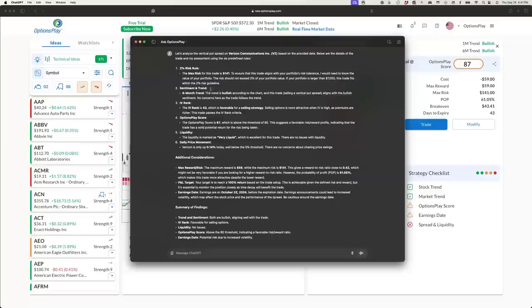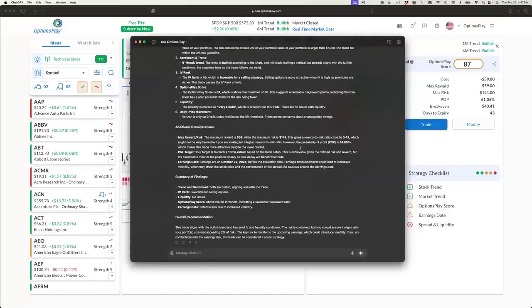Sentiment and trade, it'll look at the sentiment of the chart to give you a sense for if you're generally aligning with the sentiment of the trade. It'll look at IV rank, whether or not this is a trade that's favorable for buying or selling. It looks at the OptionsPlay score, liquidity, and whether or not the stock is gapped up for the day.